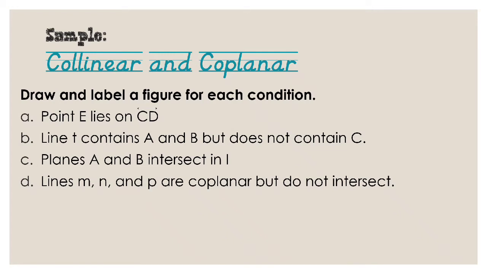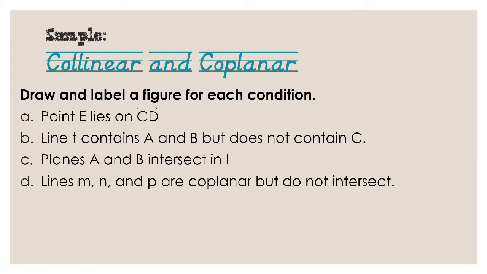First, draw a line. Label the line with points C and D. Yes, the points C and D must lie on the same line. Then, point E must also be placed on the line. Did you get it?